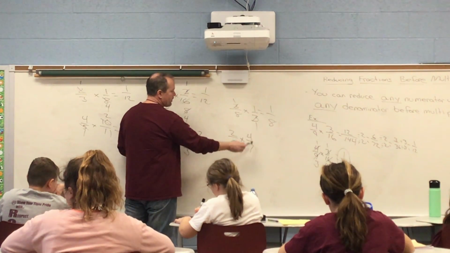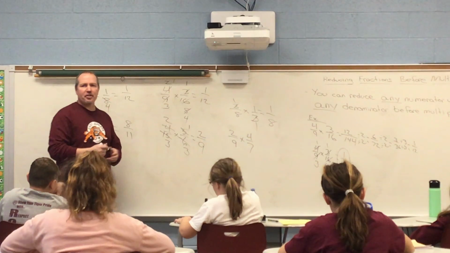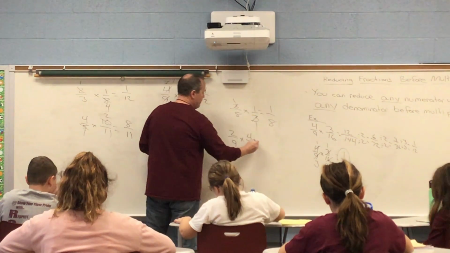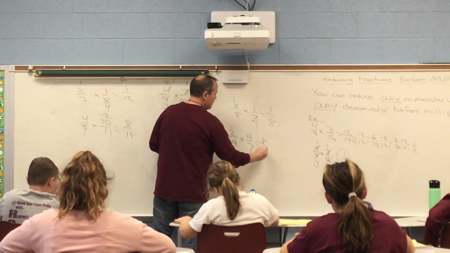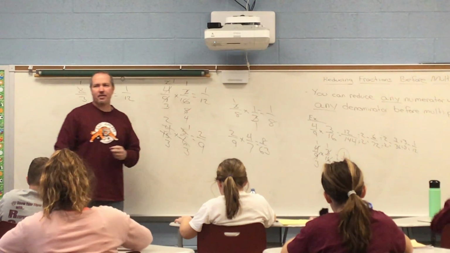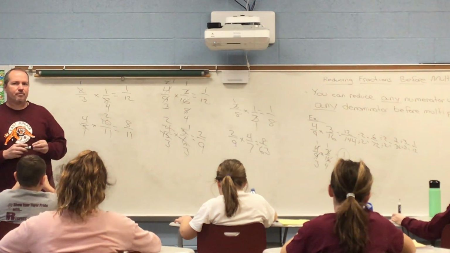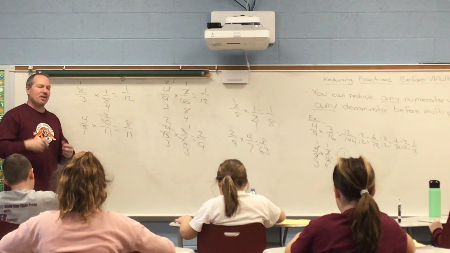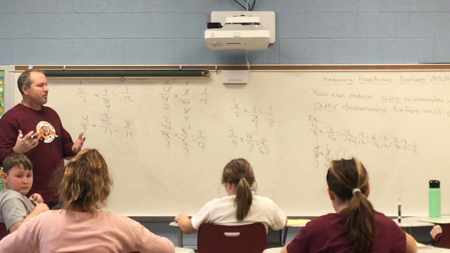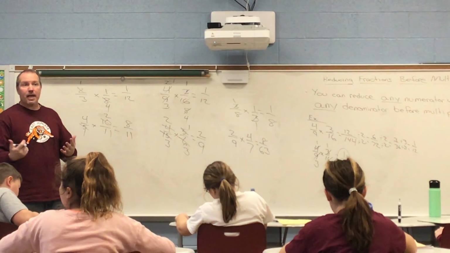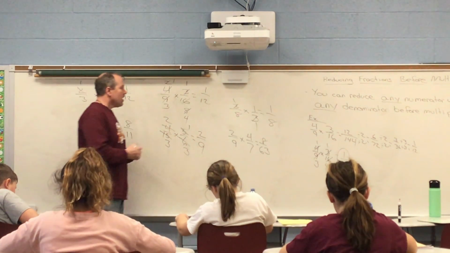You can't reduce the 4 with the 7 or the 4 with the 9. So there's nothing to reduce, so you just simply multiply. Top times top is 8. Bottom times bottom is 63, giving you 8 over 63. Okay? You're not always going to be able to reduce. A lot of times you will be able to, but not always.